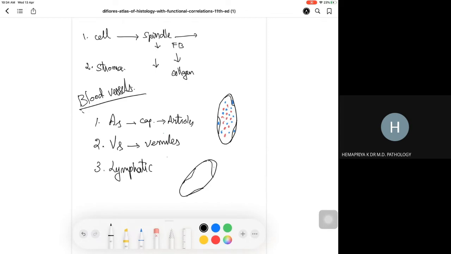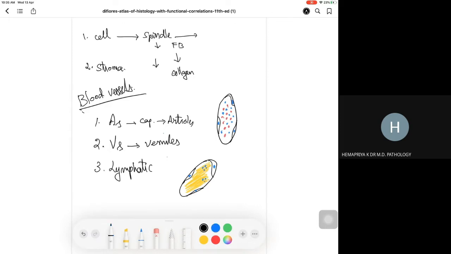That's why they allow passage of material inside and outside. On H&E, you cannot differentiate the endothelial cells of arteries, veins, and lymphatics. They all look alike. Whereas instead of RBCs, in the lymphatics, you will have some fluid. It's lymphatic fluid. You don't see RBCs in the lymphatics, and you see a collection of lymphocytes. So this is the lymphatics.